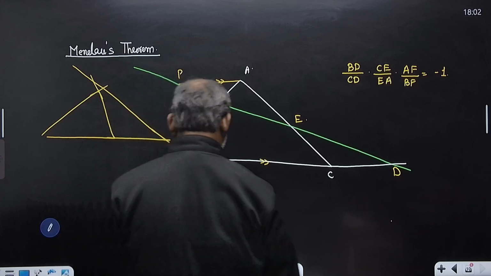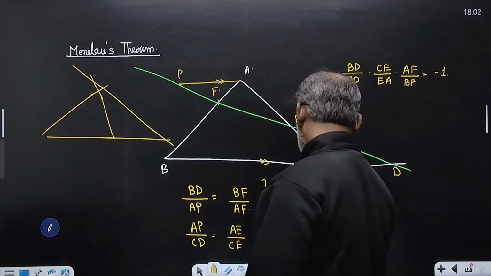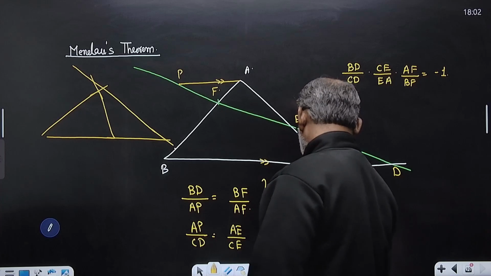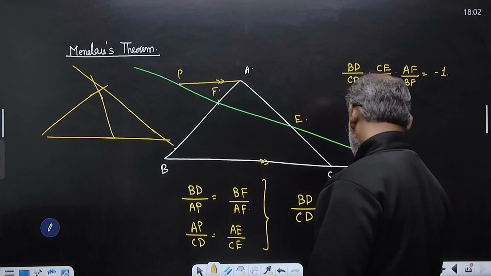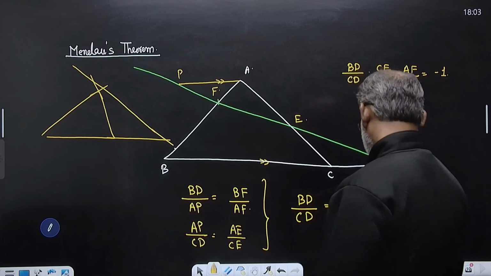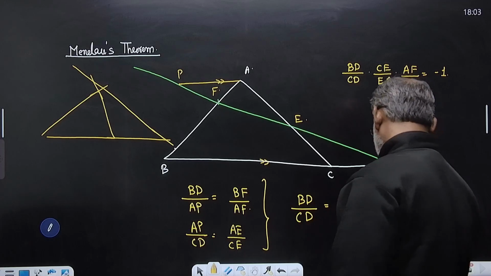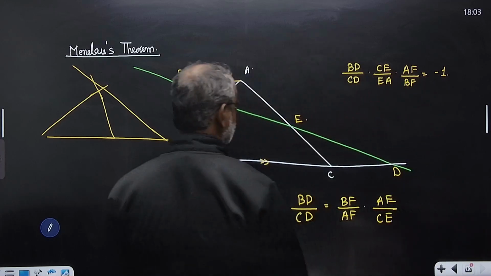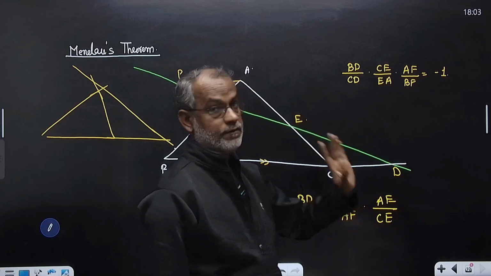So, if you multiply, what do you get? BD by CD into CE by EA into AF by BF is 1.